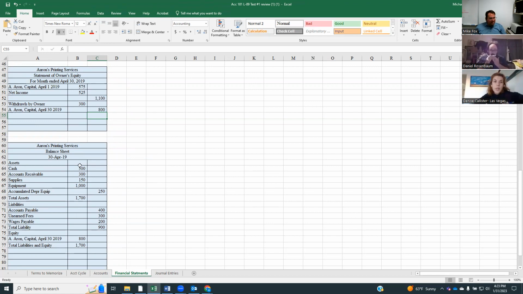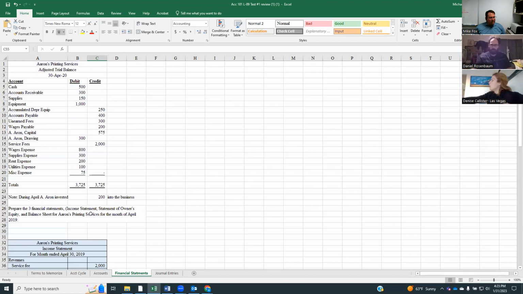That didn't make sense, because in the notes it says that there is an investment of $200 in the month of April. My original statement of owner equity actually had the investment in it, and that put me over $200. It's right at the end of the note, right after the adjusted trial balance. It says, note, during April, Aaron invested $200 into the business.